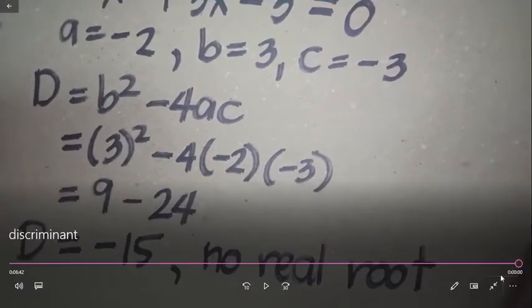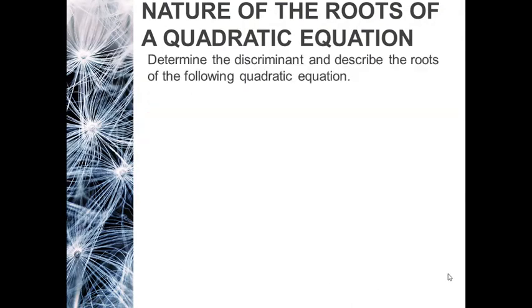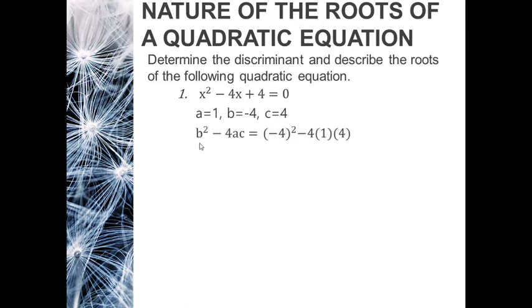Okay, so now let us consider some more examples. Determine the discriminant and describe the roots of the following quadratic equation. So we have here x squared minus 4x plus 4 is equal to 0. We identify the values of a, b, and c, wherein our a is 1, b is negative 4, and c is positive 4. Substitute them to the discriminant.